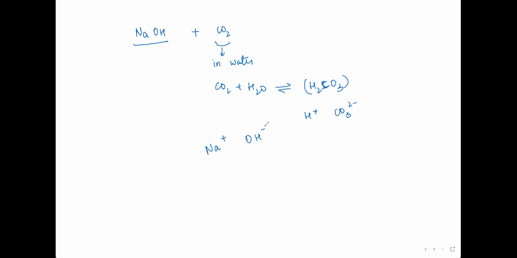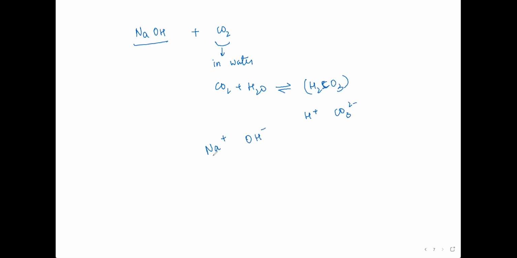When you mix carbon dioxide in water, carbon dioxide combines with water to form carbonic acid, H2CO3. Carbonic acid basically produces H+ and CO3 2- ions. When NaOH comes into the picture, NaOH in water exists as Na+ and OH-.